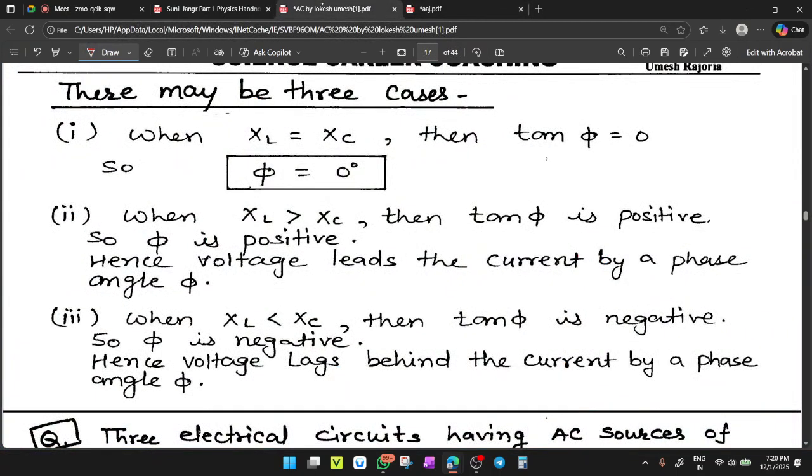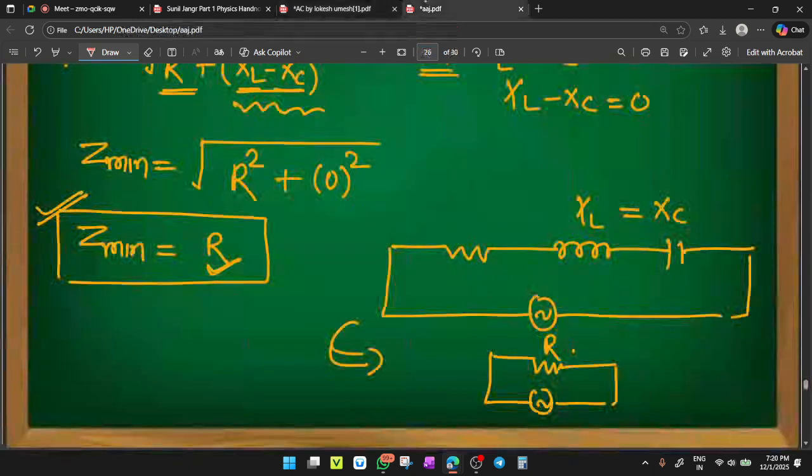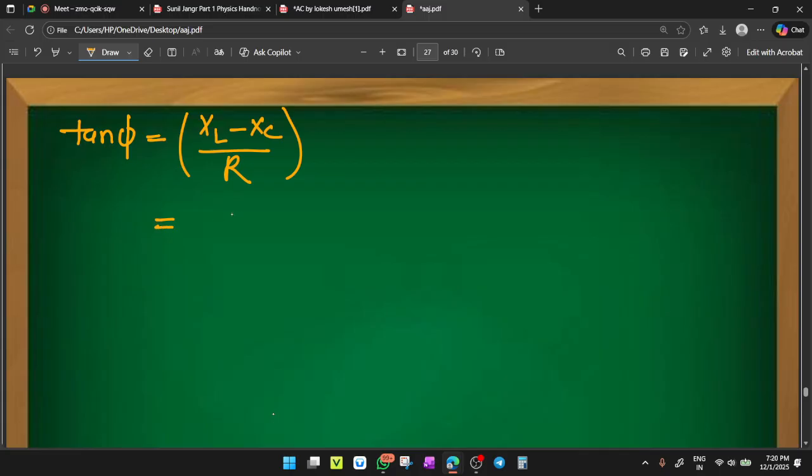So when XL equals XC, then tan phi equals 0. Talking about tan phi, we have derived the relation for the angle of phase for an RLC series circuit: tan phi equals (XL minus XC) upon R. In this situation, whenever XL equals XC, the numerator becomes 0 by R. So tan phi equals 0, meaning phi equals 0 degree.